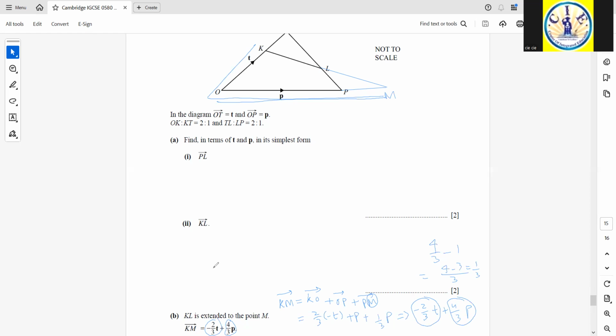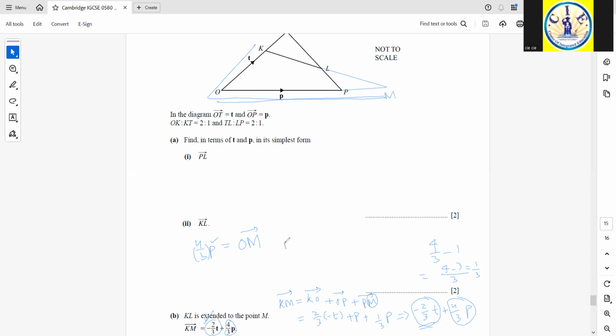There is another way of thinking and giving the answer, giving the region. Negative 2 by 3t is this portion, okay, and then 4 by 3p is actually OM. Now OM is actually some constant number times p.